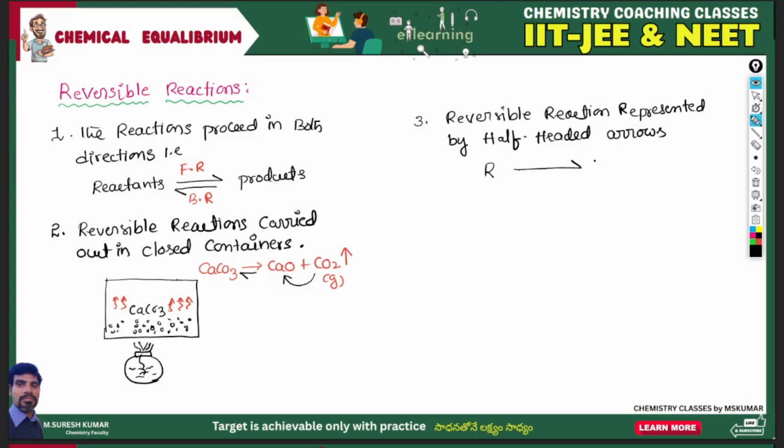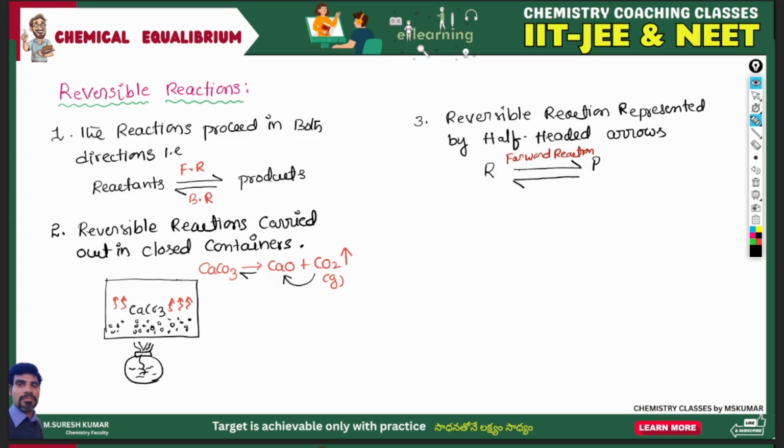It indicates reactant converted into product. The reaction is named forward reaction. At the same time, another arrow represents from product back to reactant, which we call the backward reaction.